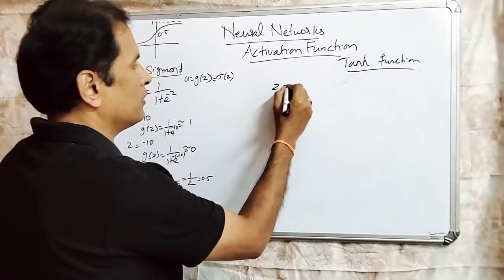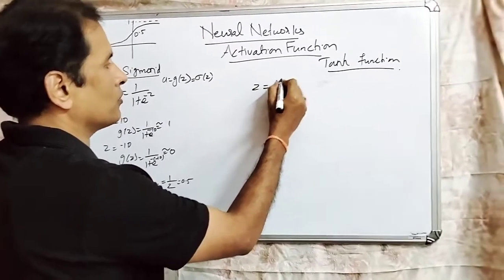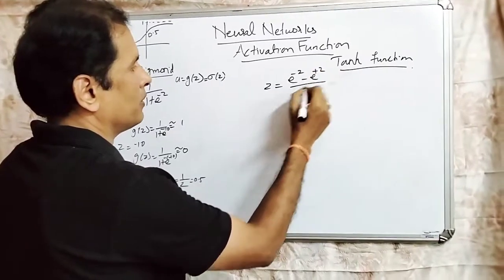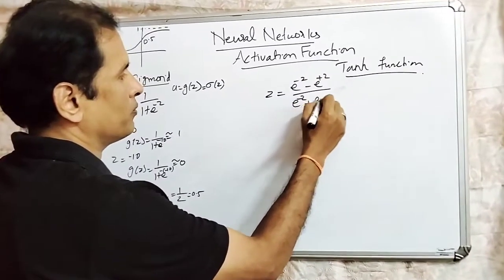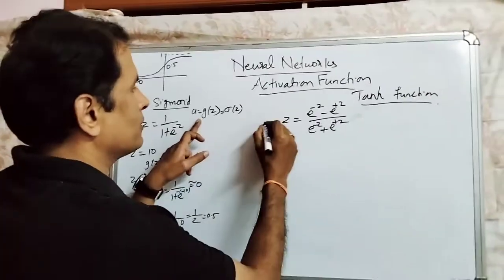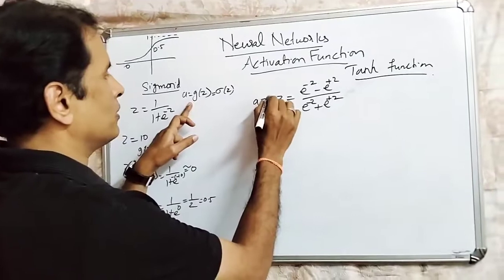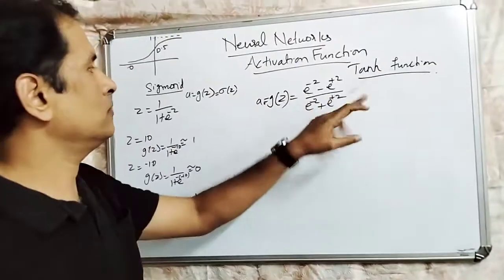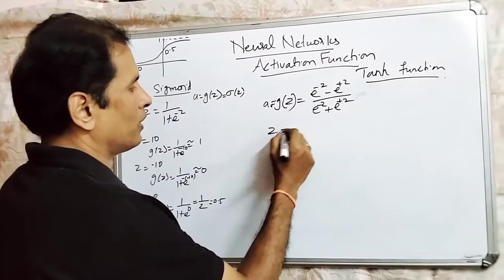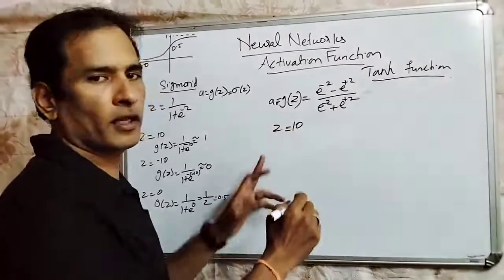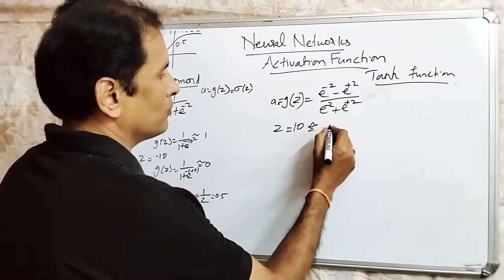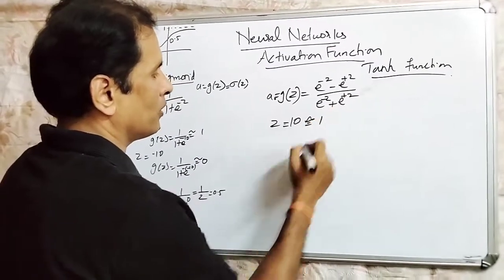In this case, we will have g of z is equal to e power z minus e power minus z by e power z plus e power minus z. We will consider this as an activation function. When we assume that z is a larger value, which is 10, then we will get a value approximately equal to 1.